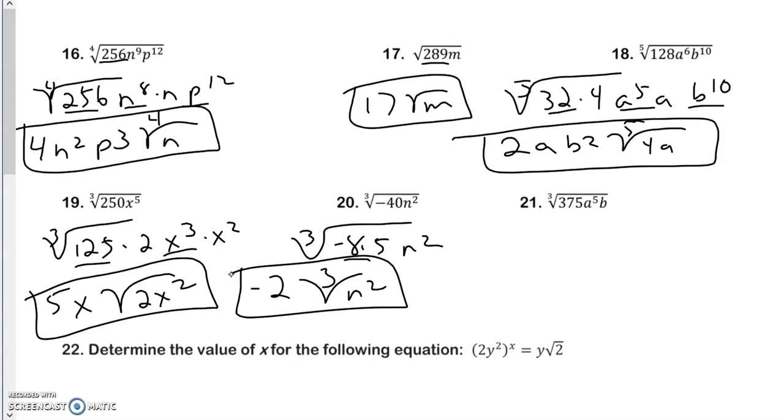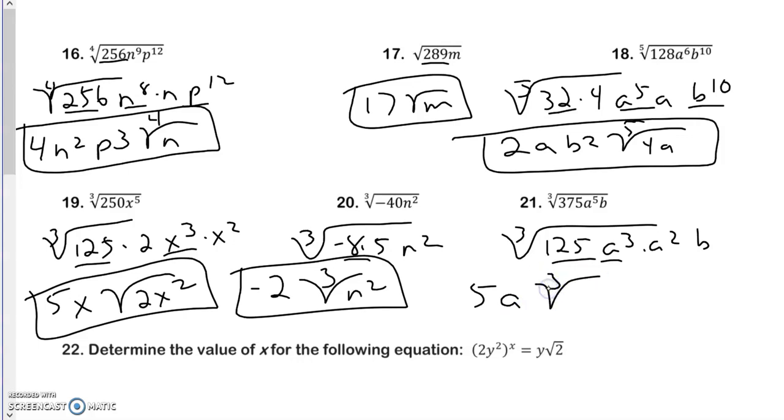Then 375, again, my favorite one is 125. So I'm going to take that, 125. Got to break this into multiples of 3. And I can't do anything with the b. Underline these. The cube root of 125 is 5. 3 divided by 3 is a. Don't forget the 3. And then I'm just going to have a to the second b.